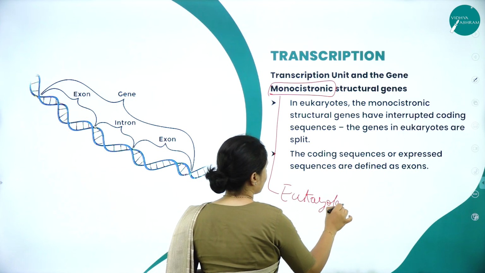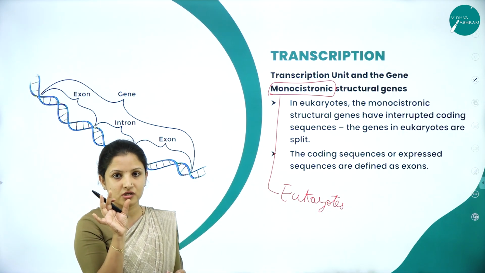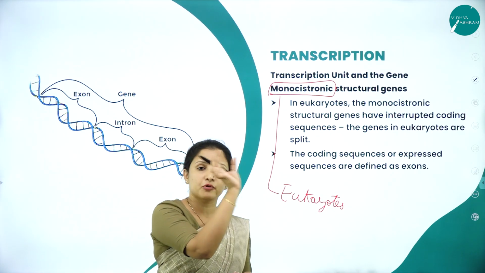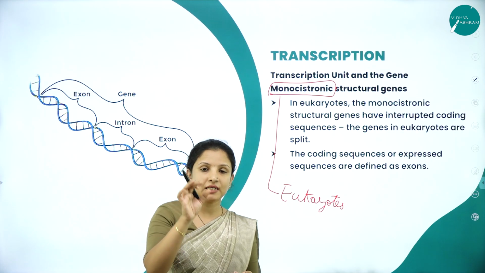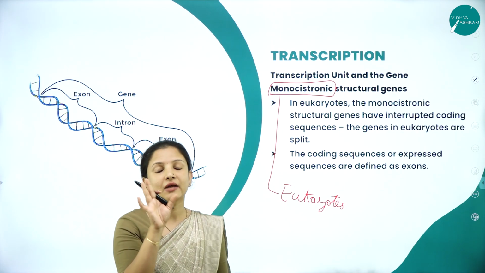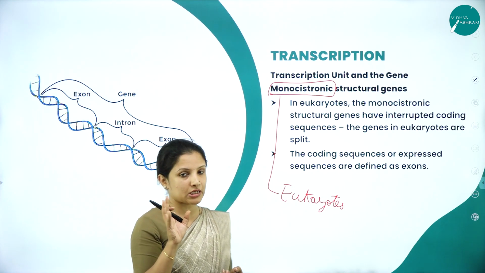So what kind of genes do eukaryotes have? Where is the structural gene present? In between the promoter and the terminator regions, right? So if that DNA belongs to eukaryotes, then they will have monocistronic structural genes.